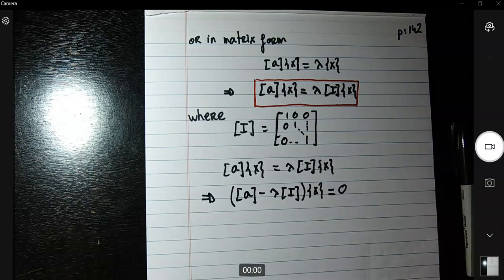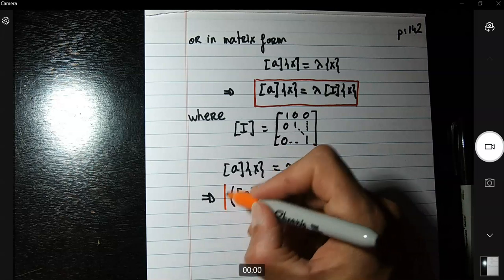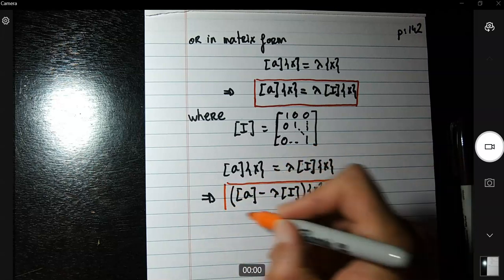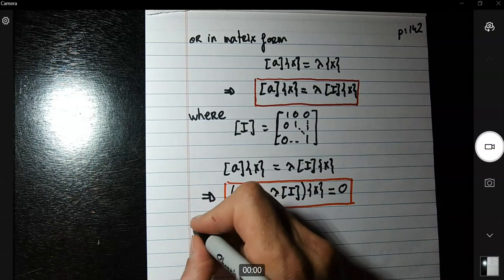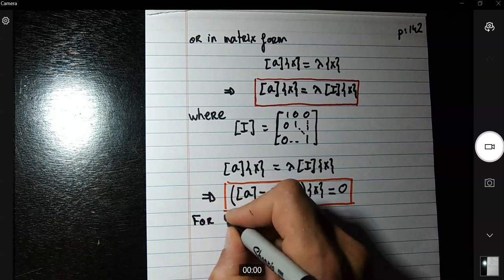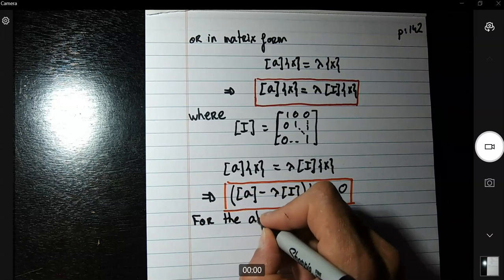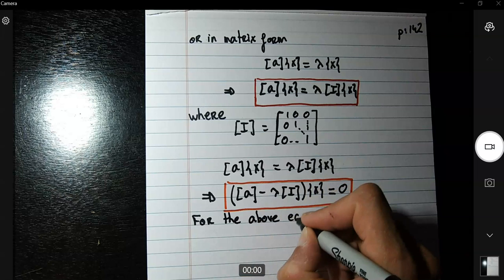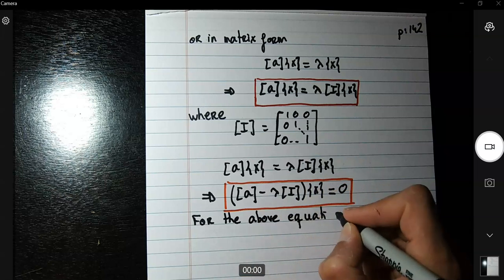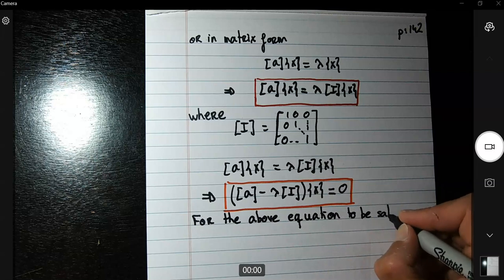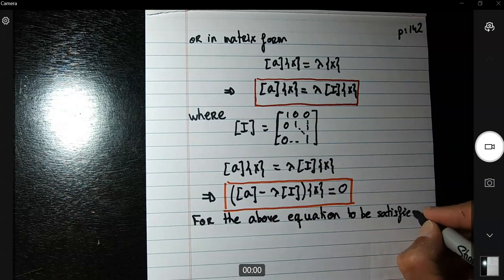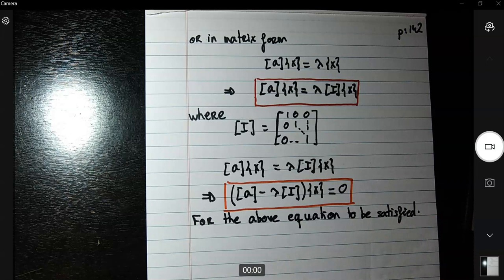Okay? So, for the above equation to be satisfied, what needs to happen?